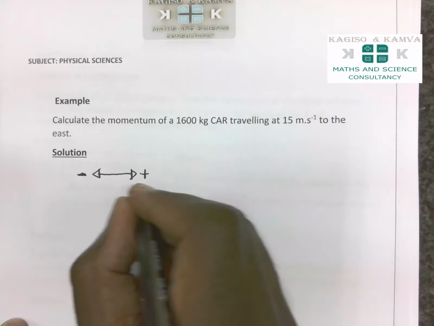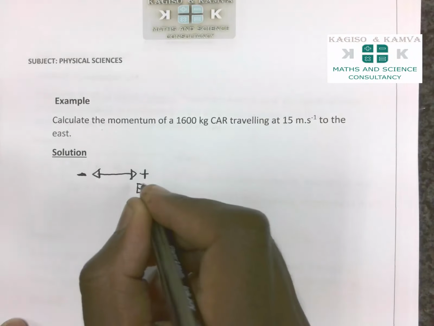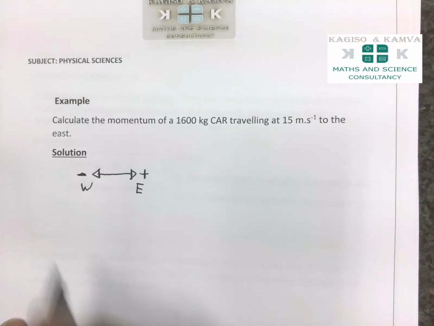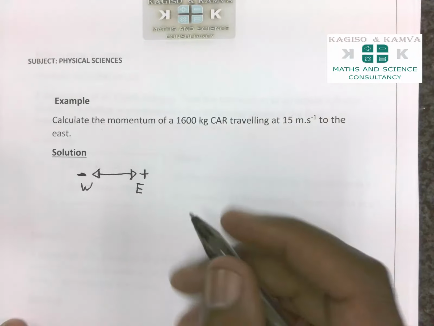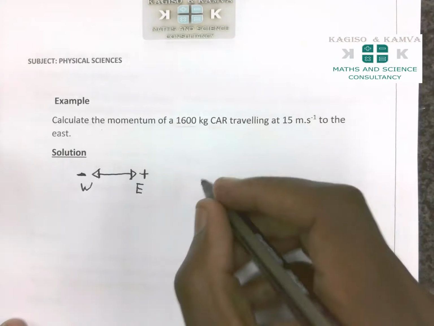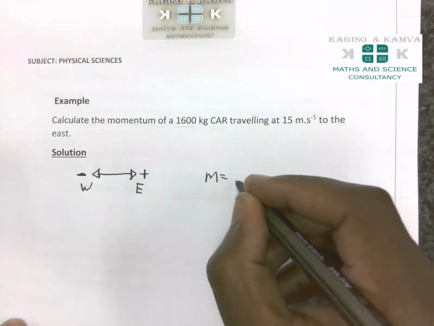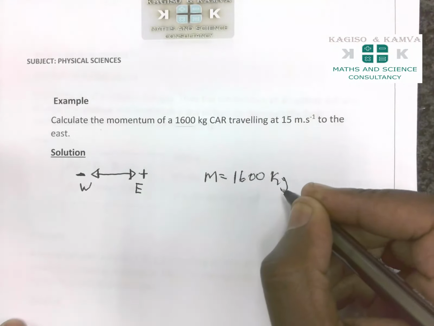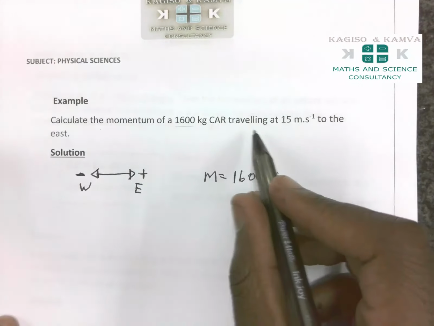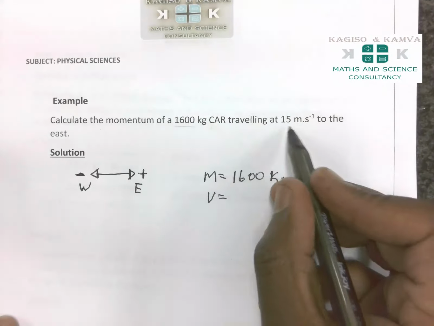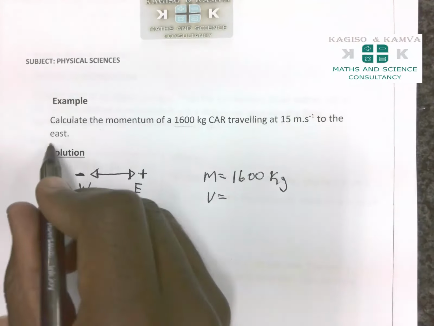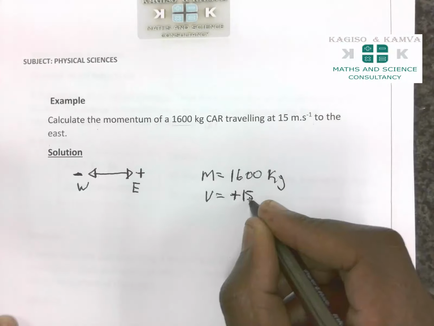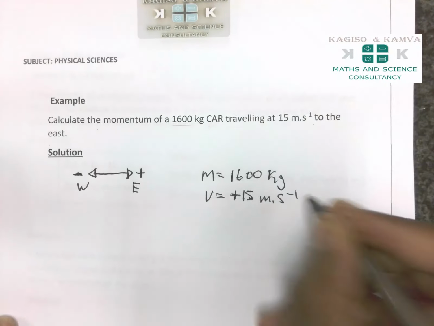So I know that going east is positive, and going west is negative. Collecting my data, the mass of the object is 1600 kg, and the velocity is 15 meters per second east, so this is going to be positive 15 meters per second.